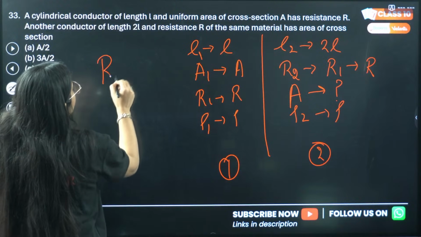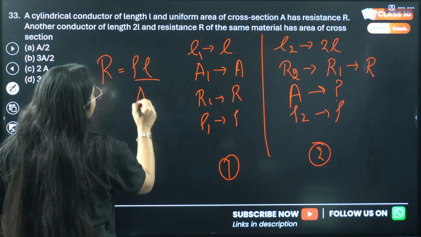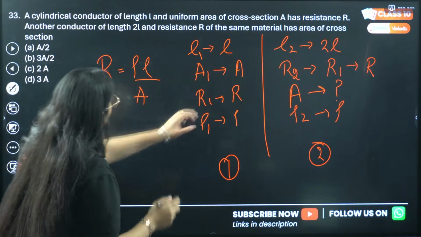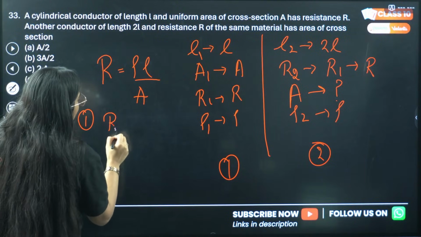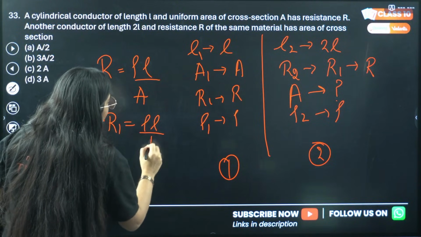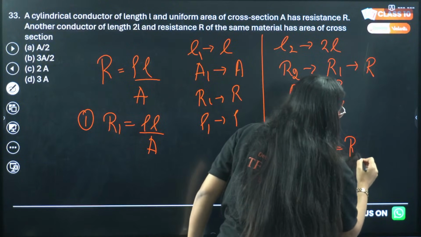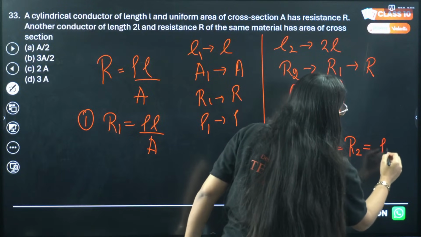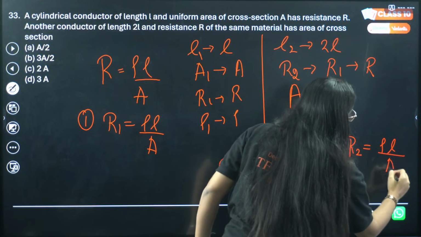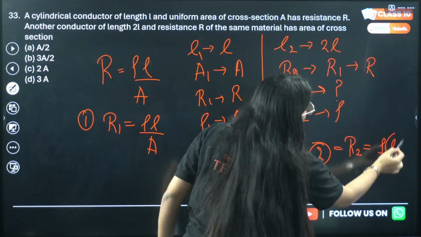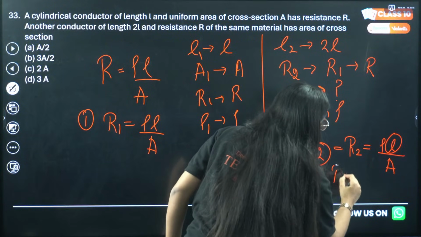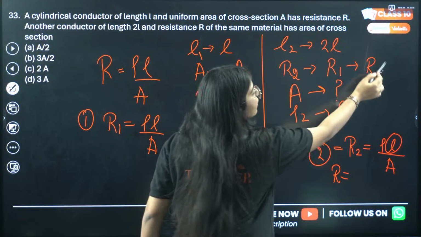So R equals rho L by A. Correct? For the first conductor, R1 will be rho L by A. And for the second conductor, R2 will be the same, rho L by A, but in this case, L is 2L. So R2 is also R. It's given.